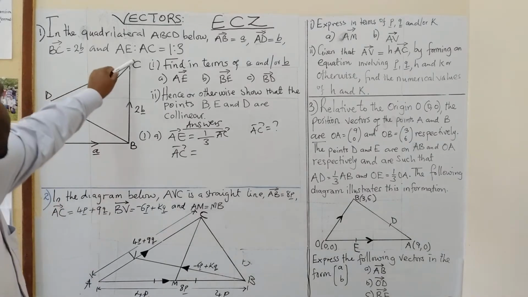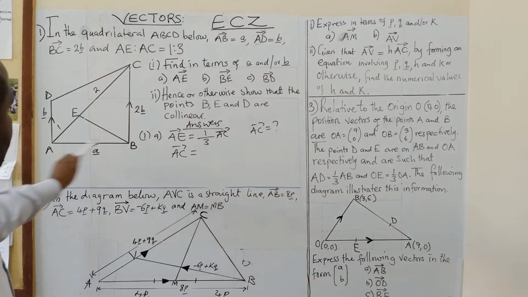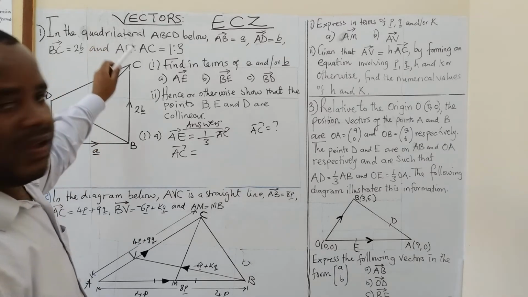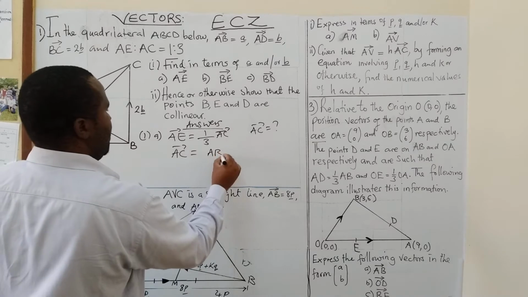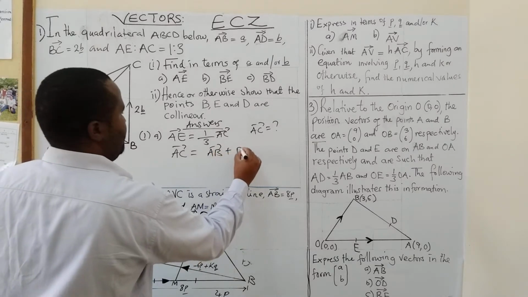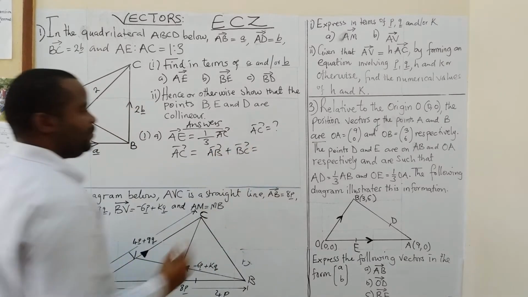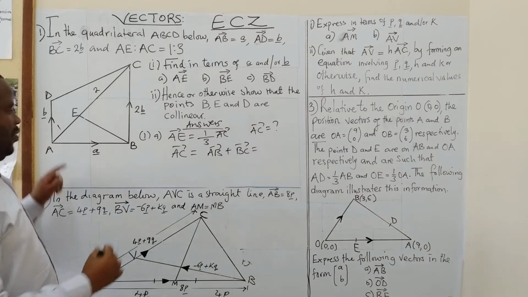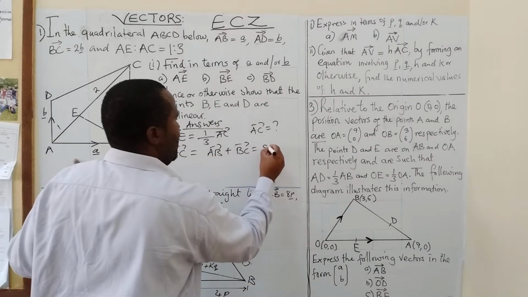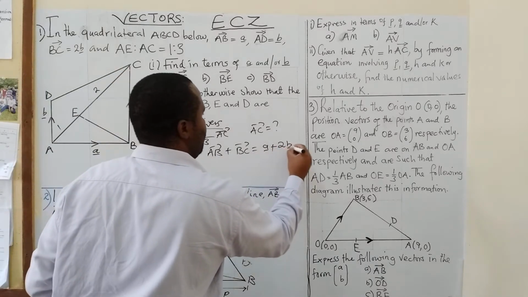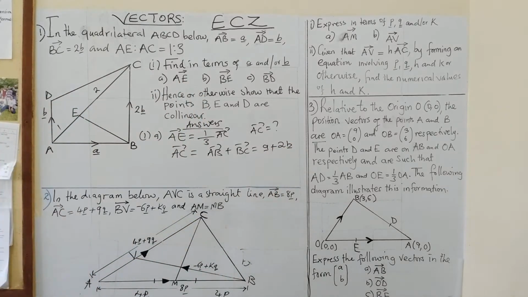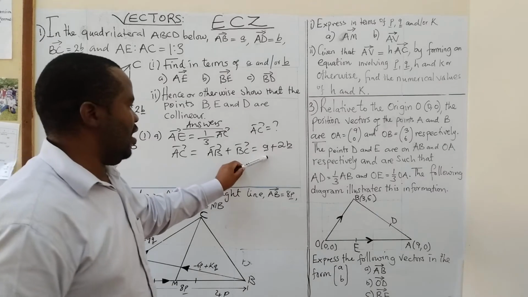How do we find AC? From A to C, we can move from A to B, B to C. So AC is AB plus BC. AB is a, plus BC is 2b. That's how we get this one.